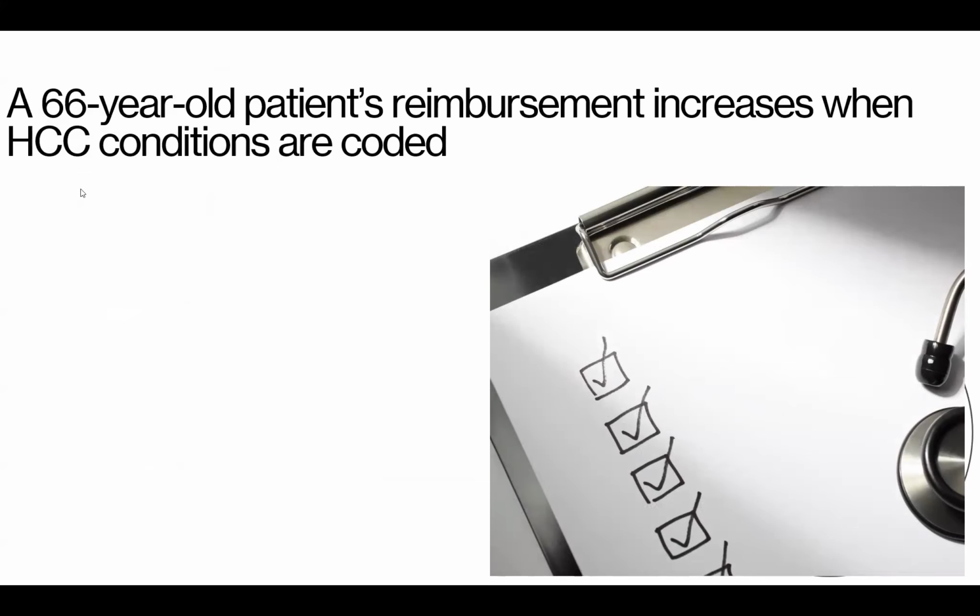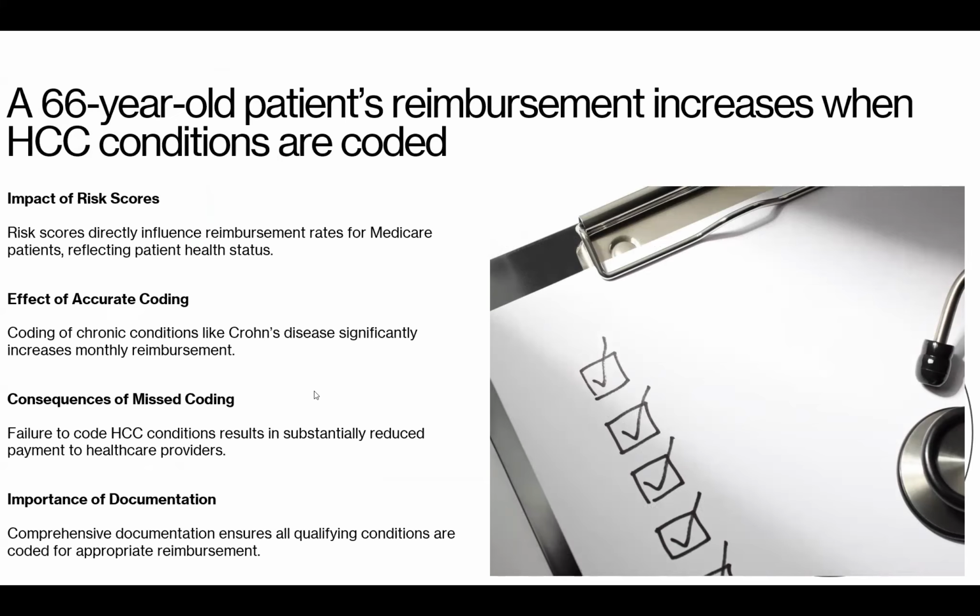Again, as we saw, the consequences: reduced reimbursement. Not only that, it is non-compliant, and as a result, both the provider and the health plan are getting much less reimbursement than they're entitled to.